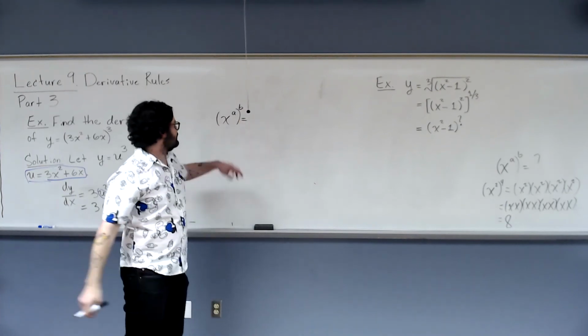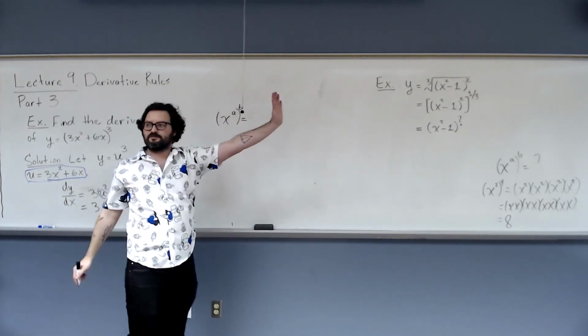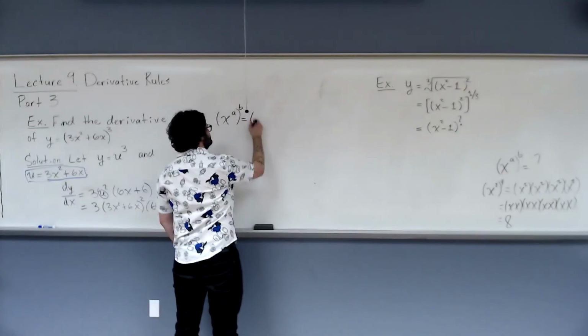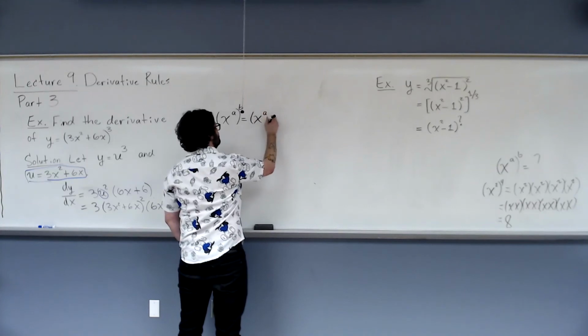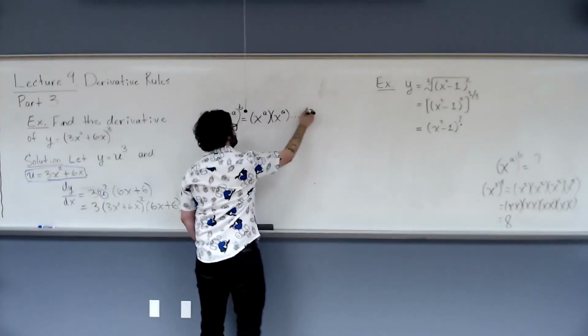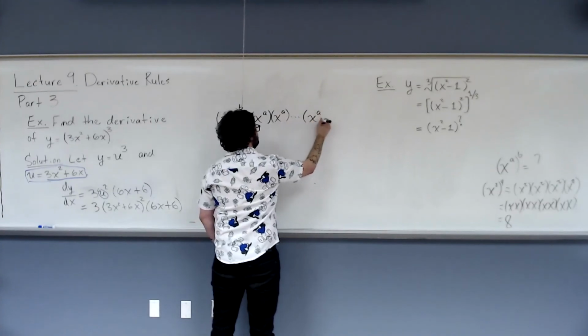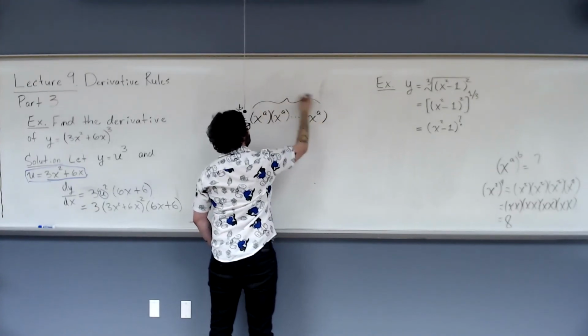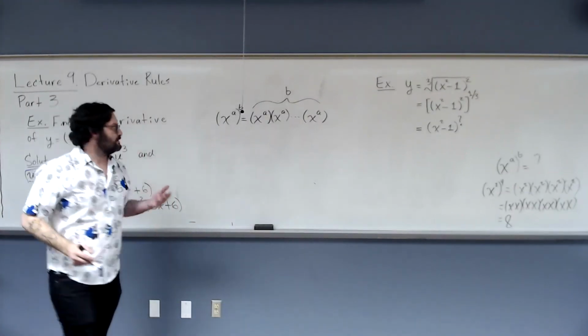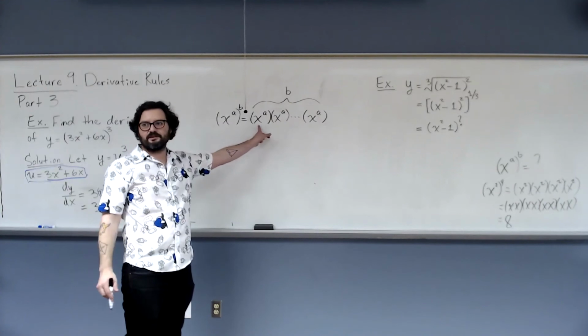Just like we did before, it's a number multiplied by itself b times. So x to the power a, times x to the power a, dot dot dot, times x to the power a, and there's b of them, right? And then how many x's are in there?